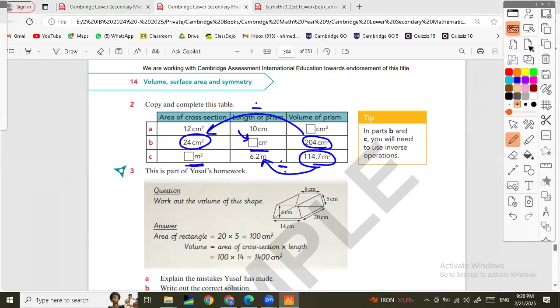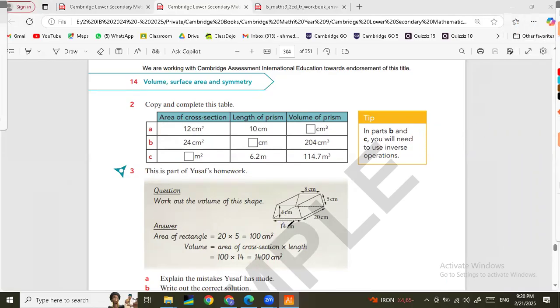Let's continue with another example. As you see over here, in this shape, they're not giving you the area of the cross section ready, so you need to find it yourself. I have base 1, which is 14, base 2, which is 8, and the height, which is 4. You just need to add the two bases, 8 and 14, which is 22.